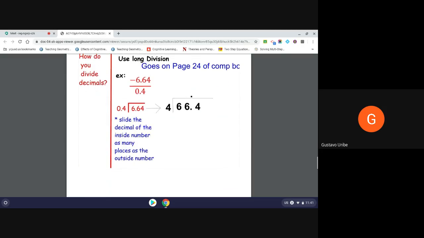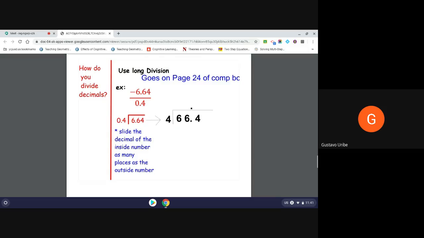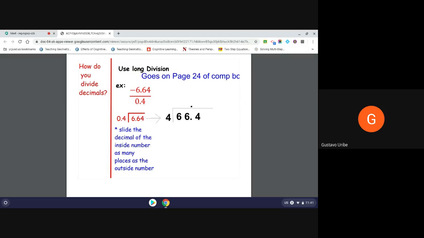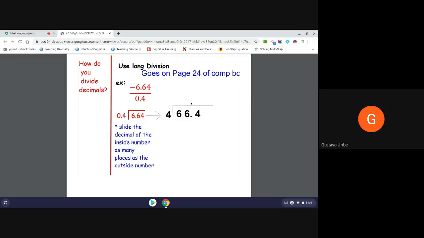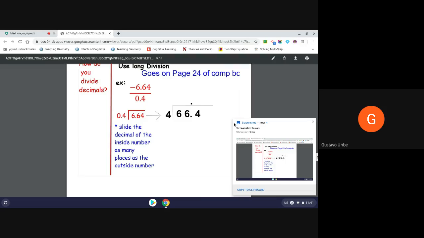Next, we're going to go over dividing decimals, and that will be it. So, how do you divide decimals? Well, essentially, we're going to go ahead and use long division.